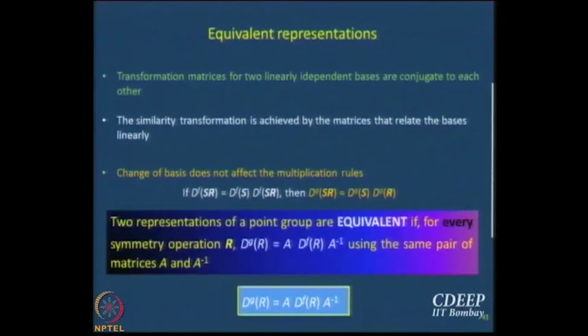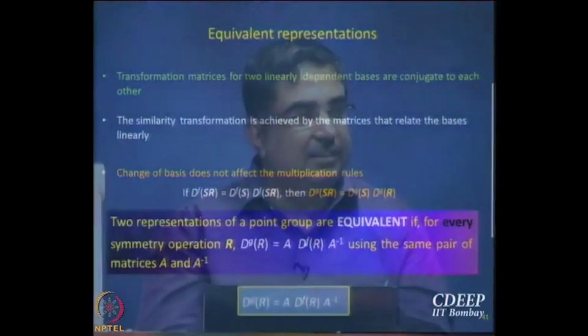But the take home message from this part, and which is going to be pretty much the part for today, is two representations of a point group are equivalent if, the next word is very important, if for each and every symmetry operation R, you can write a similarity transformation using the same pair of matrices A and A inverse. And you already know that A and A inverse are not some arbitrary matrices. These are the matrices that correlate the f functions and g functions.